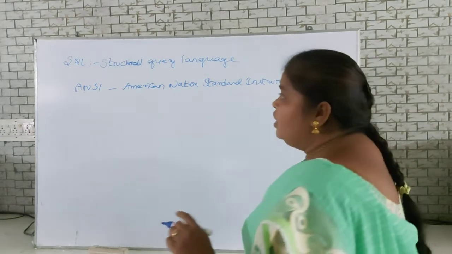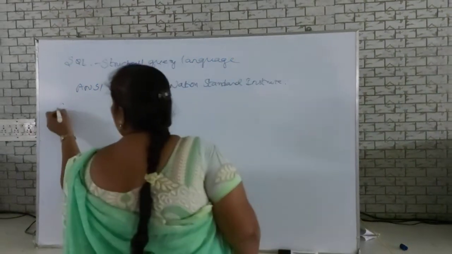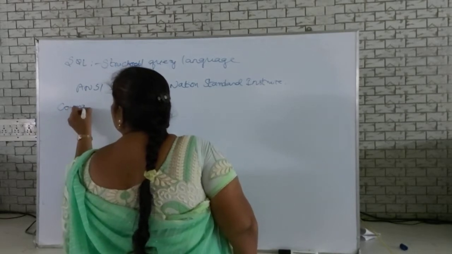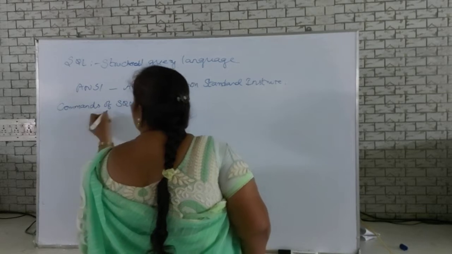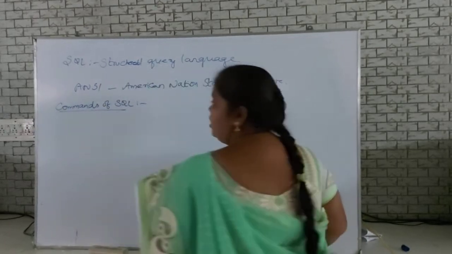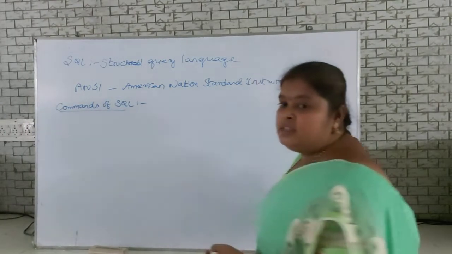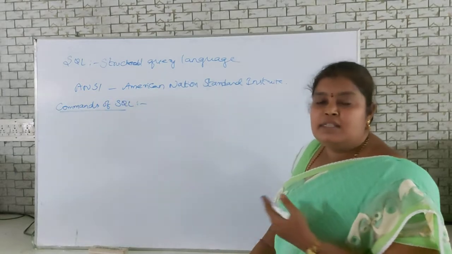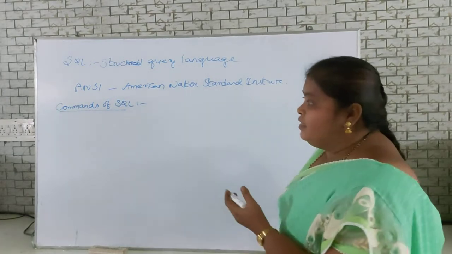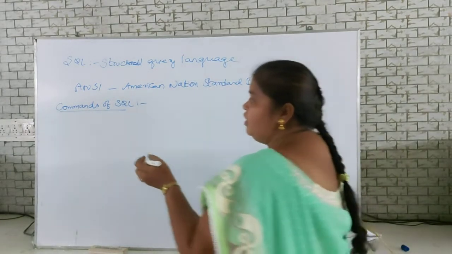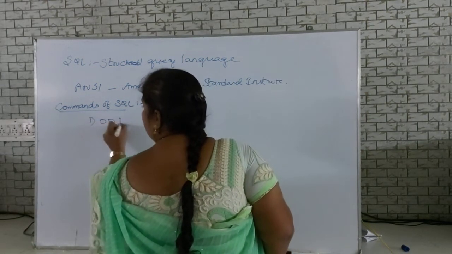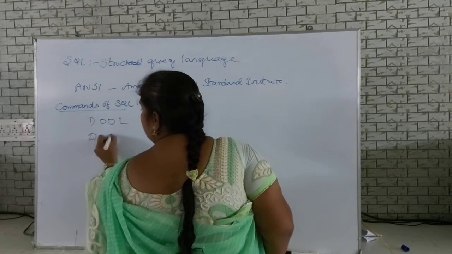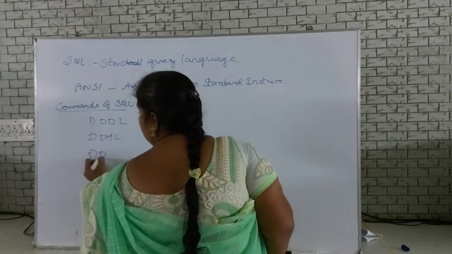So, coming to the commands of SQL. These commands are used to create the database, insert the data, and access the data. There are three types of commands: DDL, DML, and DCL.